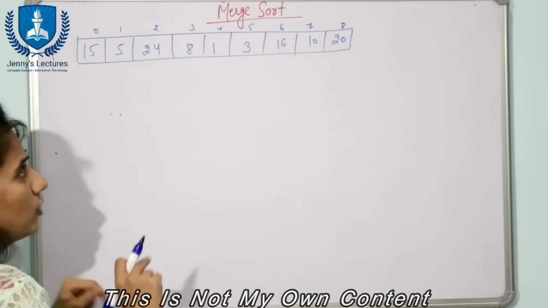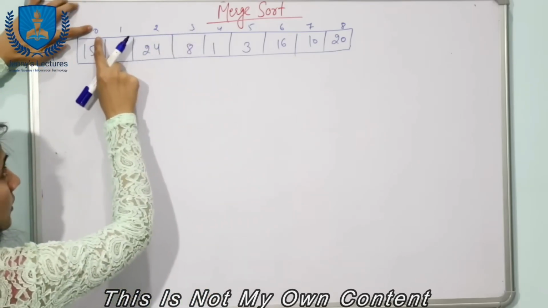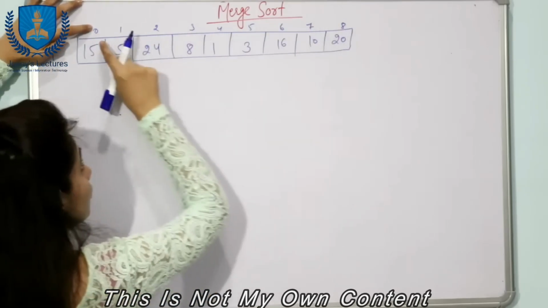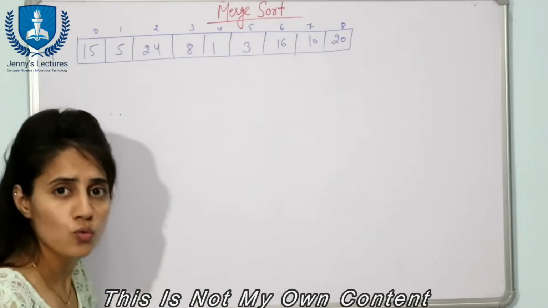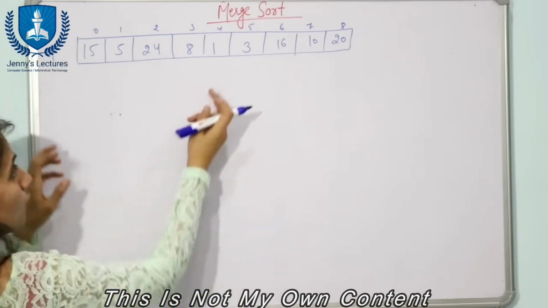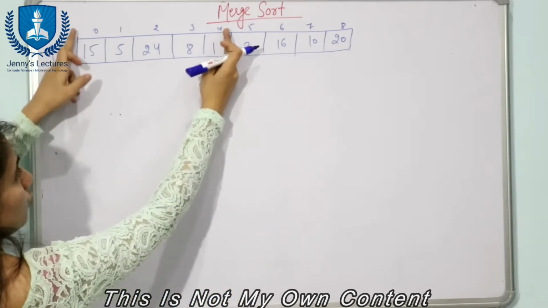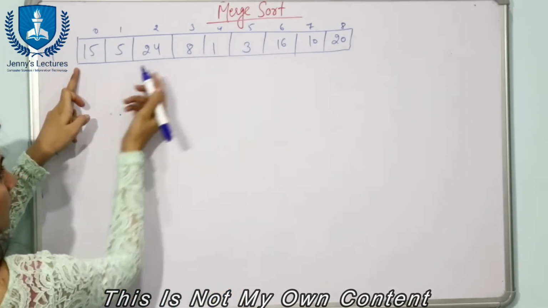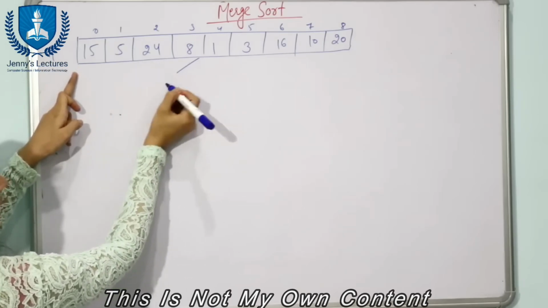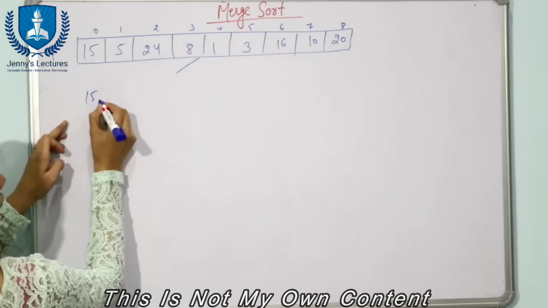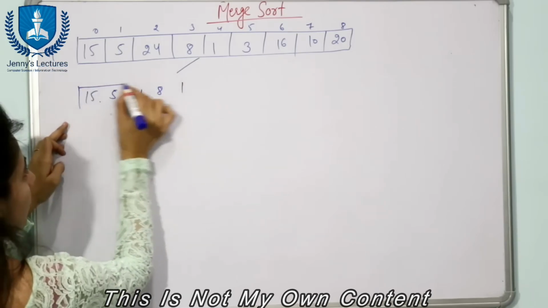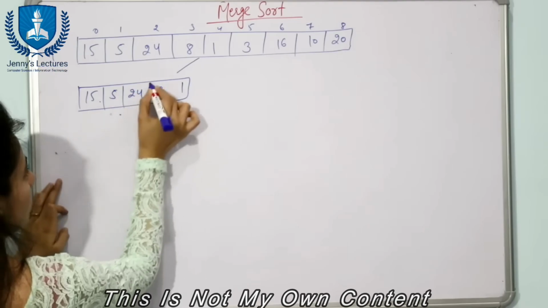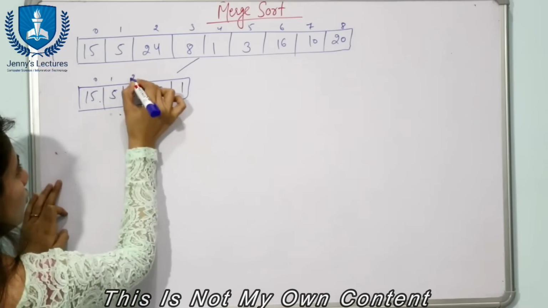See how to find the mid position. 0 is the lower bound and 8 is the upper bound. 0 plus 8 is 8, 8 divided by 2 is 4. So from 0 to 4 one sublist is there, and we divide it into two sublists: 15, 5, 24, 8 and 1, indexes 0, 1, 2, 3, 4.